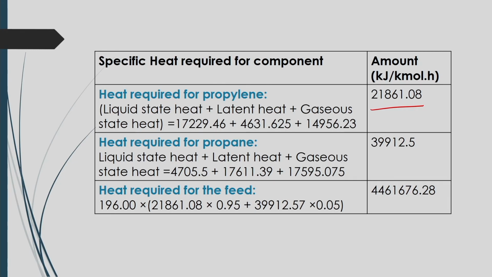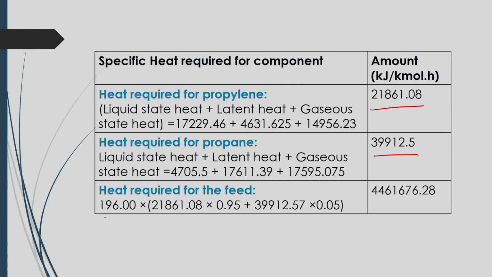Similarly, the heat required for propane, summing the liquid state sensible heat, latent heat, and then gaseous state sensible heat, will come out as a final amount of 39912.5 kilojoule per hour. And also the heat required for the feed: accordingly, what would be the total amount of moles for propylene and propane.